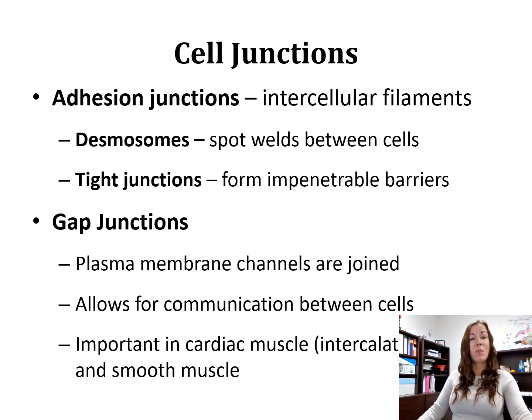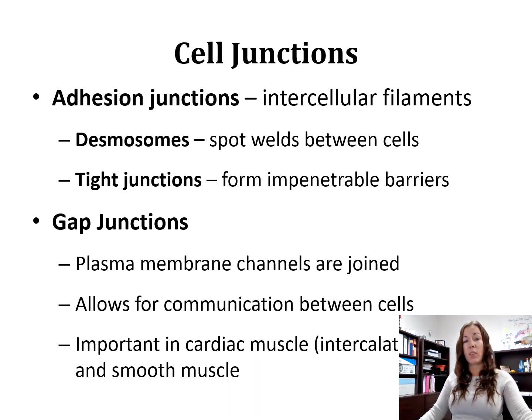You'll see desmosomes where you'll have kind of a little spot of attachment between cells, or you'll see these tight junctions that form impenetrable barriers, and those barriers that you cannot cross actually help to keep in some substances that we wouldn't want to get out. Like there are tight junctions in our intestines, so we don't have toxic things released into our bodies.